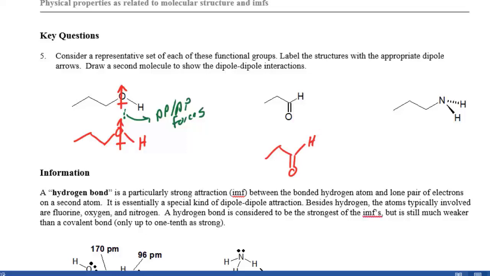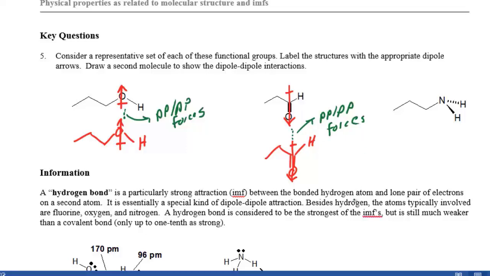And of course, each of these molecules has a molecular dipole in the direction of the oxygen, through the carbon-oxygen double bond. I'm going to now use my green pen, and we would have this dipole-dipole force of attraction between one aldehyde molecule and the second aldehyde molecule.